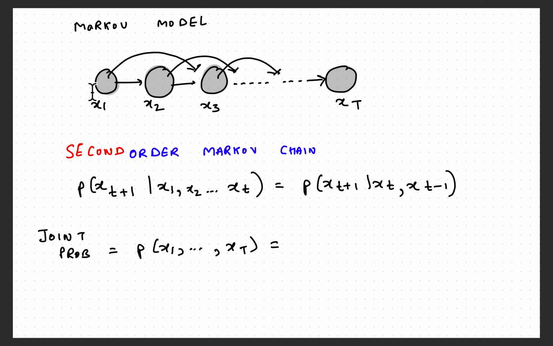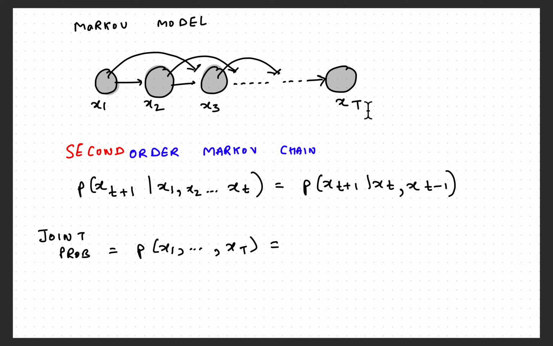Whereas for the second order Markov chain, we have an x1 term which does not depend on any other term, but there is an x2 term which depends on only one term, x1. All of the remaining terms from x3 till capital T depend on two previous terms, right?